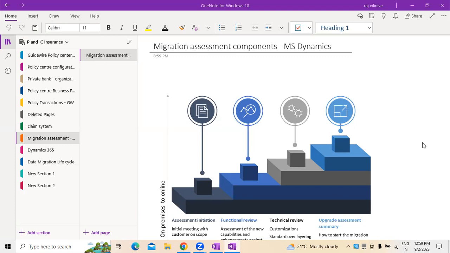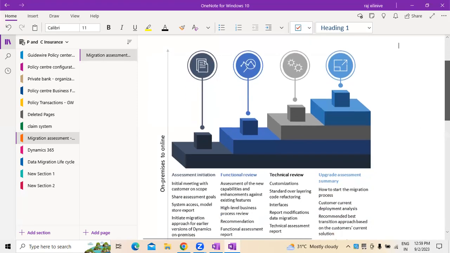There are some migration assessments and the components involved in them which people need to understand.